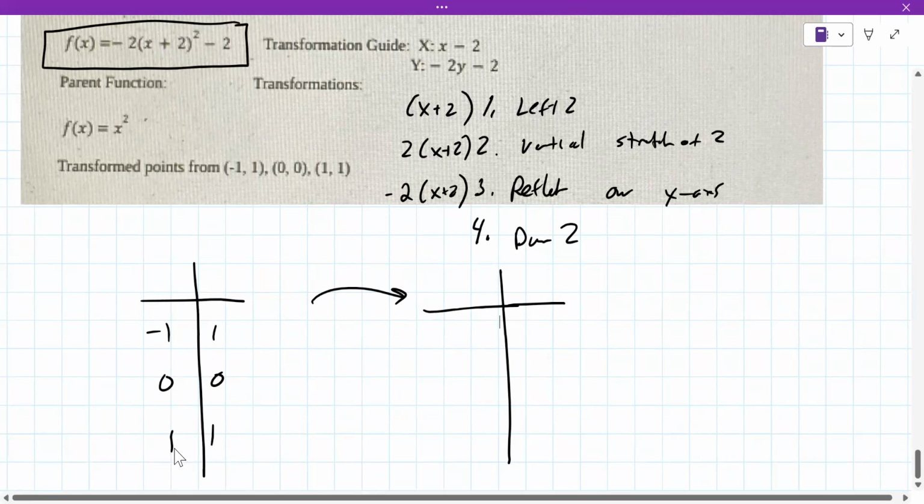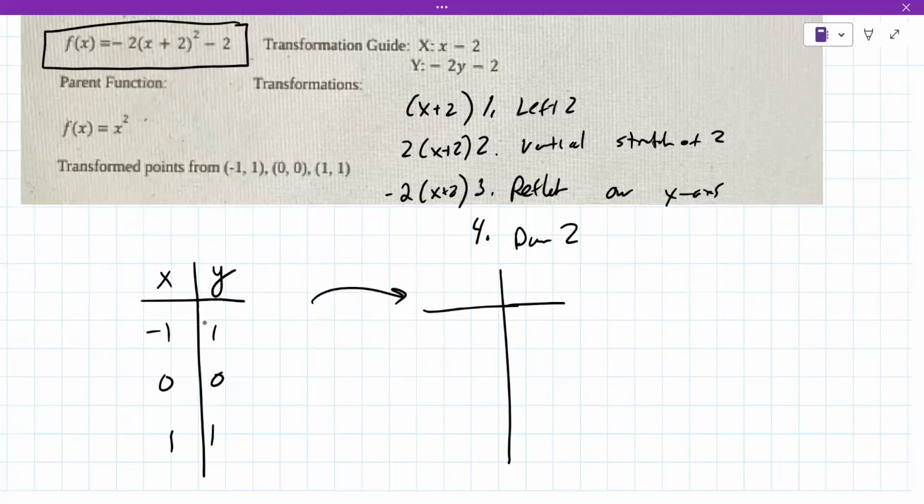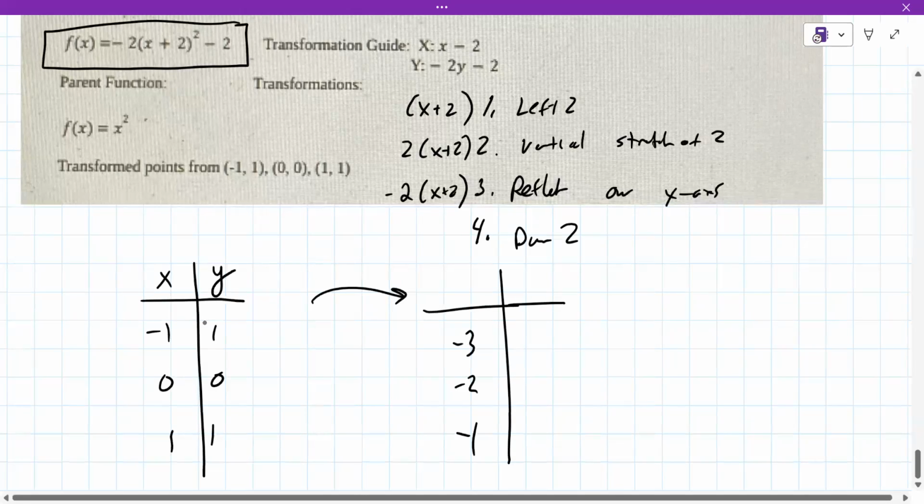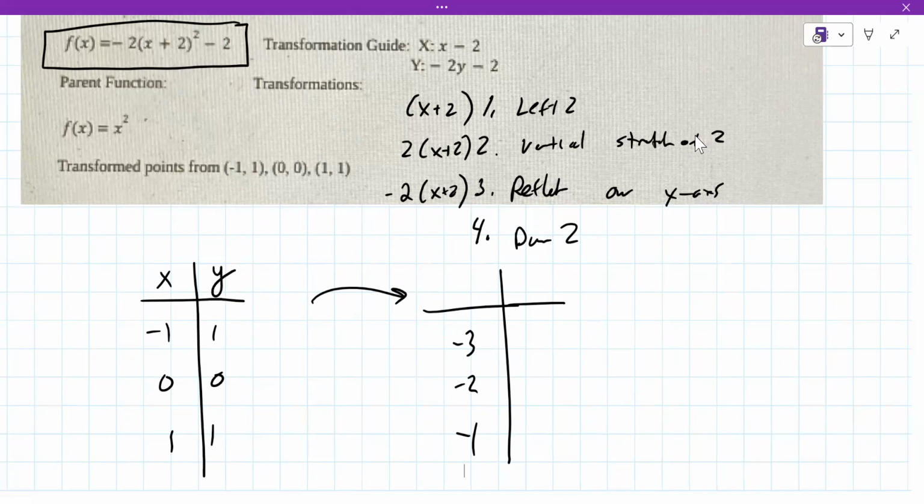You're subtracting each of these by 2. So then -3, -2, -1. Good. Now this is where it's hard. Vertical stretch of 2. You're multiplying the y values by 2. So then that would be 2, 0, 2.